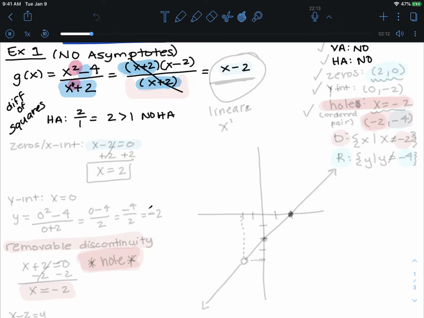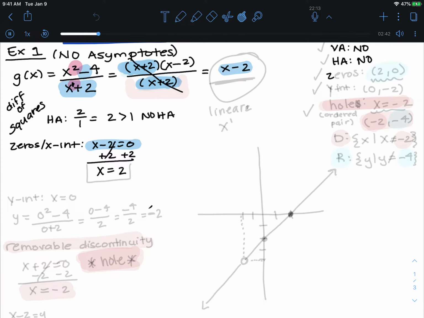Now we find the zeros, which are also called the x-intercepts. You get your numerator and set it equal to 0, which is x minus 2 equals 0, because that's all that I have left over here. I add the 2, so now x equals 2.